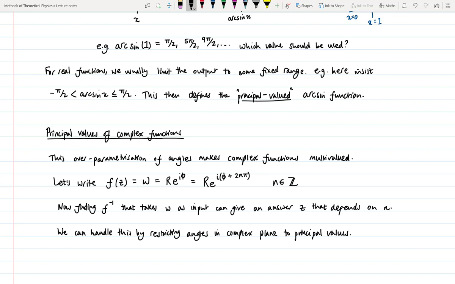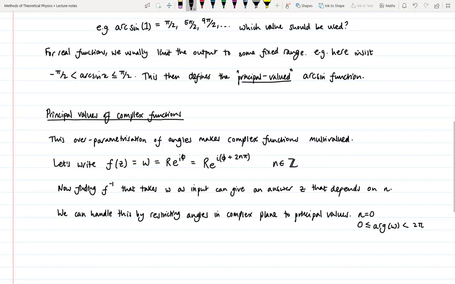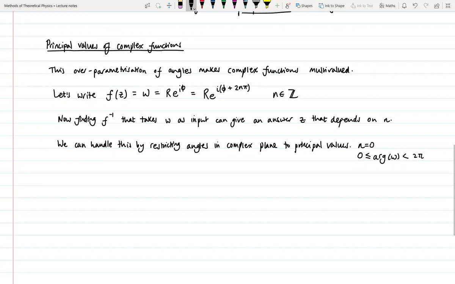So in this case that we've written above, we might set n equal to 0, and that ensures that the argument of w lies between 0 and 2 pi. Let's now look at a concrete example.